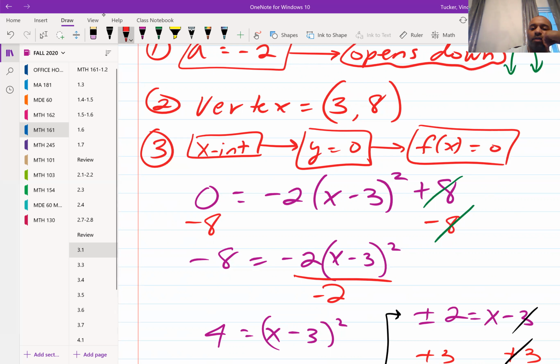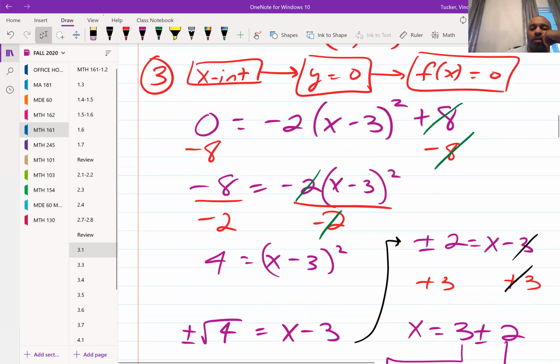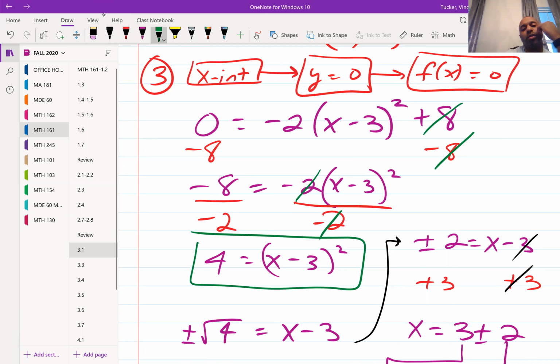Then divide by -2. The -2's cancel, and that leaves you with 4 equal to x minus 3 squared.